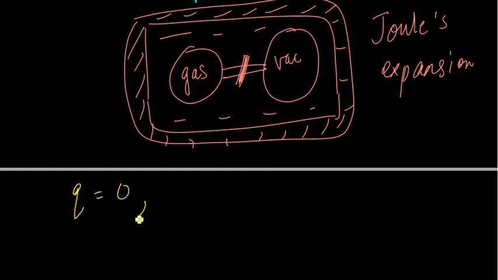The work done is minus P external dV, right? What's P external? This is a stopcock which I am going to open, right? So it's expansion against vacuum. So the work done is 0. So if both Q and W are 0, delta U or dU, whatever you wish to call it, is 0. Right?